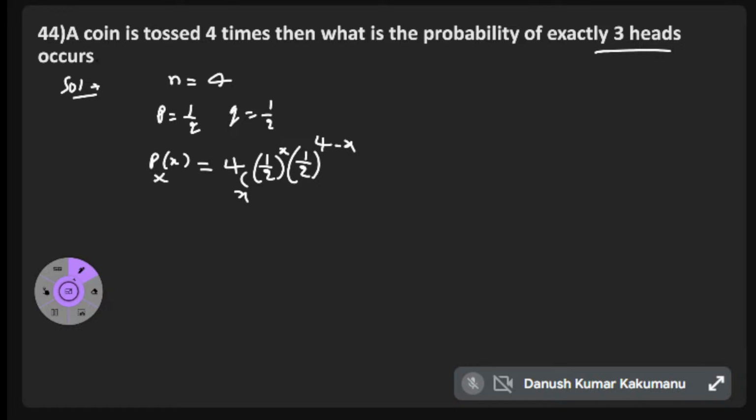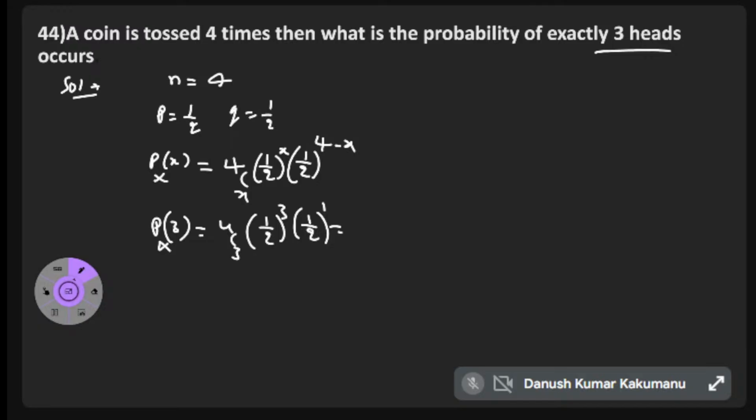And what is he asking? Exactly 3 heads. What is the probability that the outcome contains exactly 3 heads? Exactly 3 heads means P of 3, the x value is 3. 4C3, 1 by 2 to the power 3, 1 by 2 to the power 4 minus 3, which is 1. Simplify this.